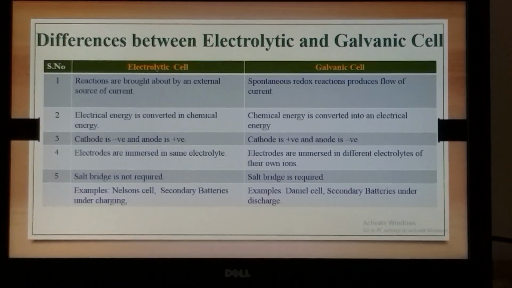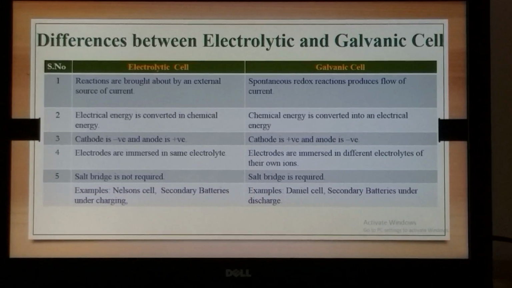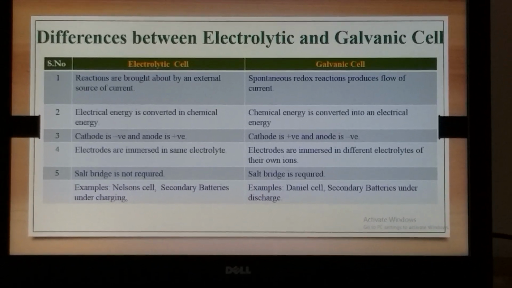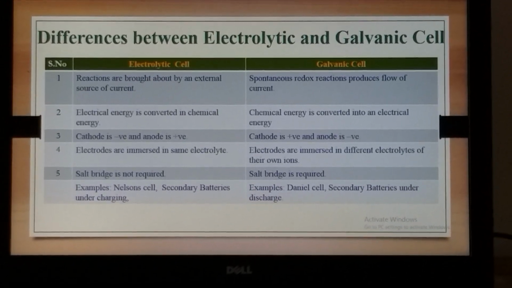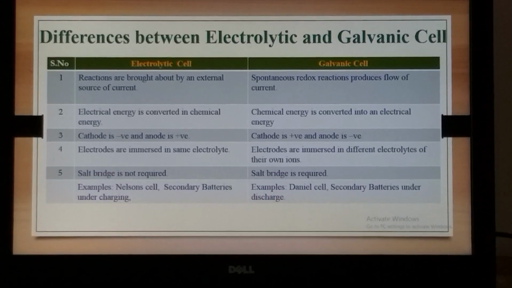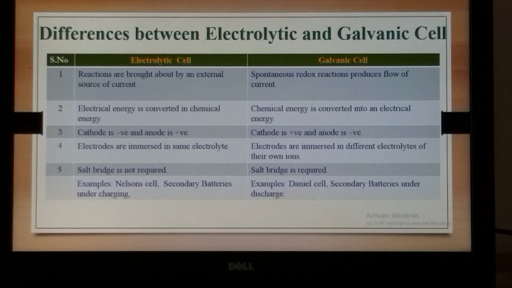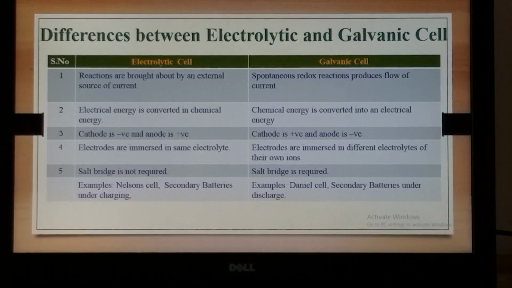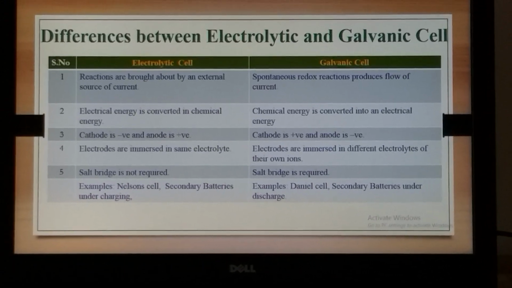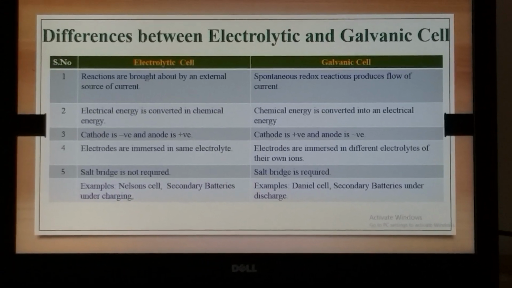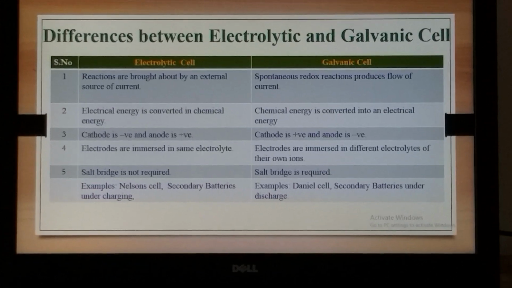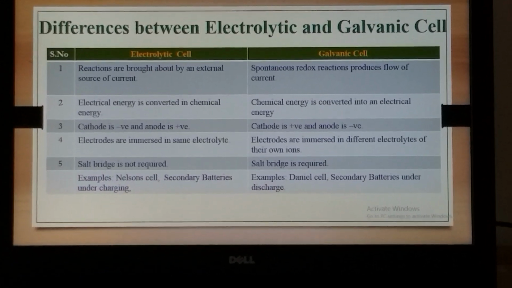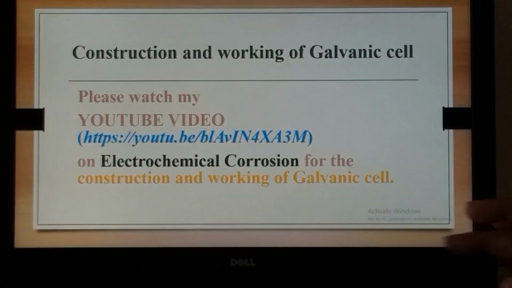The example of electrolytic cell I have already given, again I'll repeat, it is Nelson's cell. All the secondary batteries under the charging condition act as electrolytic cells. And an example of galvanic cell is the Daniell cell. All the secondary batteries under the discharging conditions act as galvanic cells.